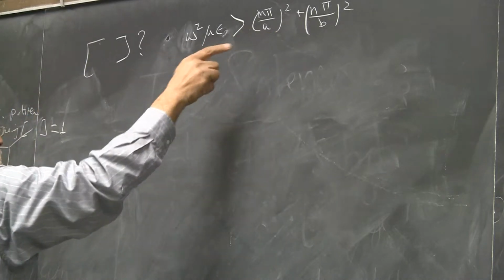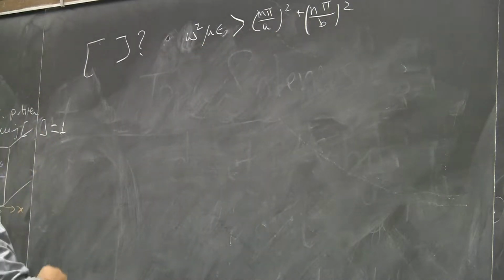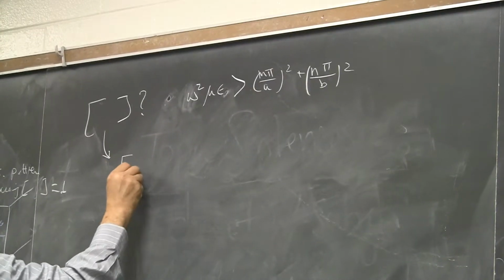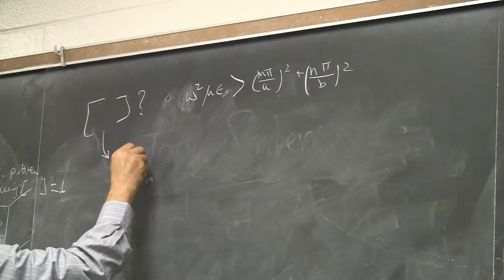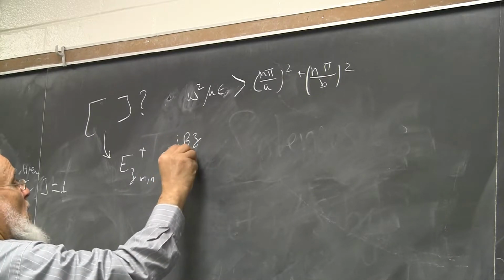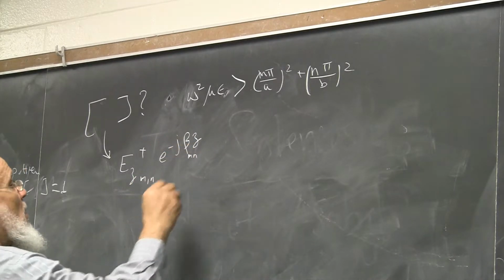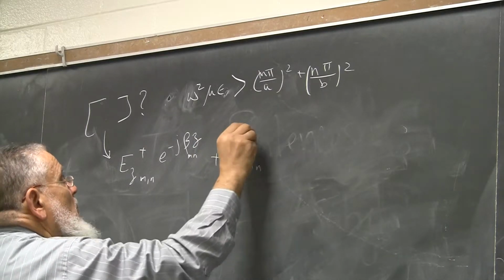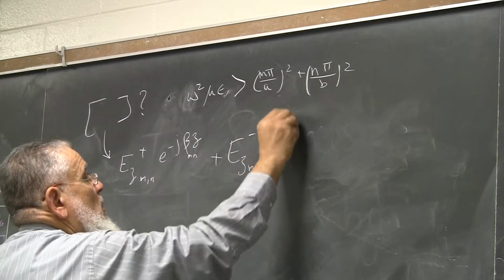Fine. And in that range, the solution becomes E sub z mn plus e to the minus j beta mn z, beta mn again, don't forget that, plus E sub z mn minus e to the plus j beta z.